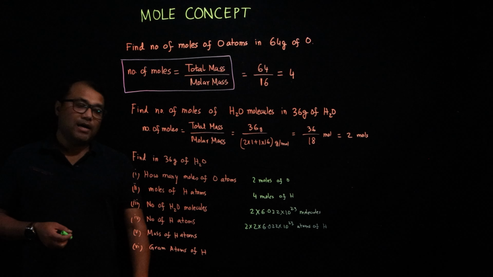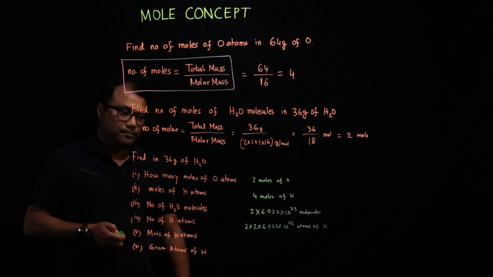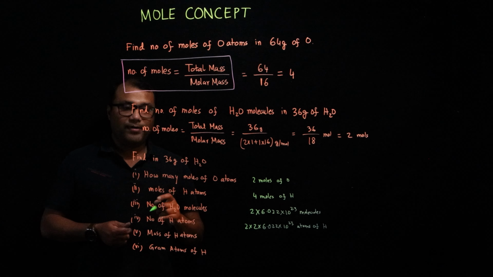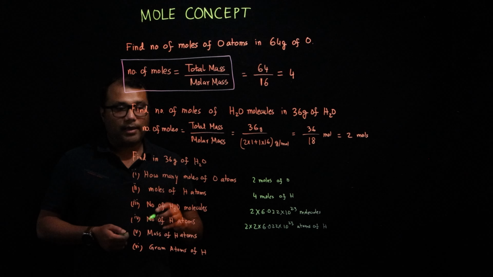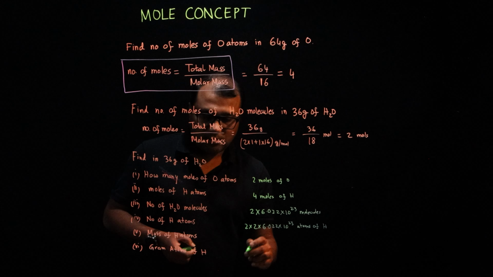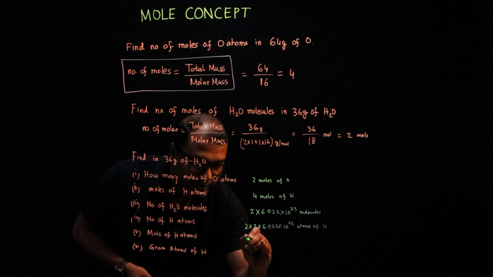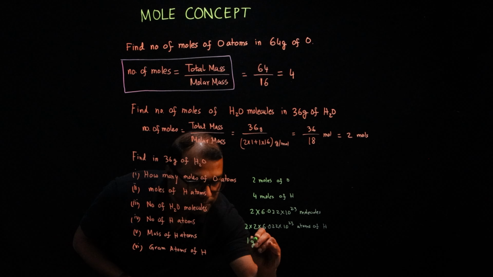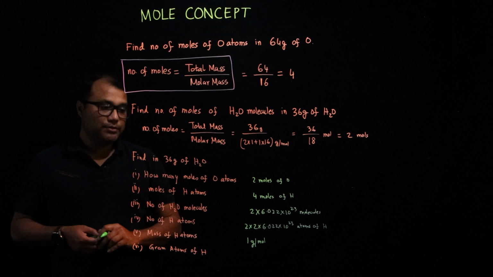Mass of hydrogen atoms: in each mole of hydrogen atoms we have 1 gram per mole, which is the molar mass of hydrogen.